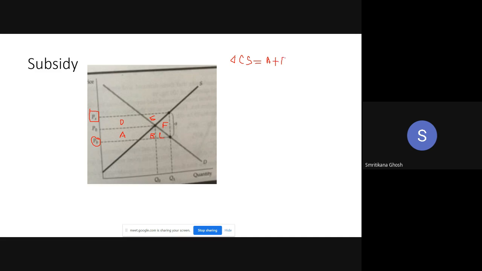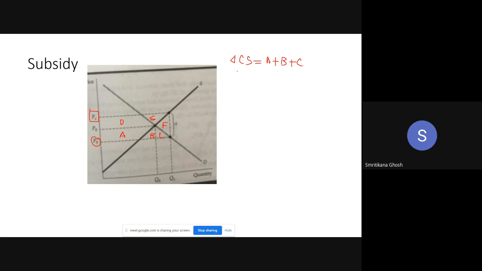So A, B, C. Any doubt with the change of consumer surplus? Anyone? No, ma'am.